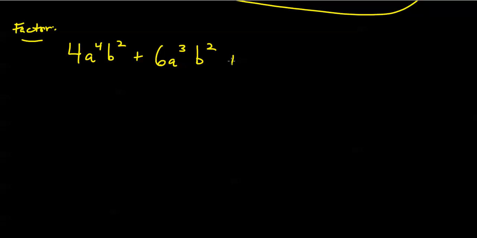Let's try another one. Factor 4a to the 4th b squared plus 6a cubed b squared plus 2a squared b. My first step here is to look for a GCF.